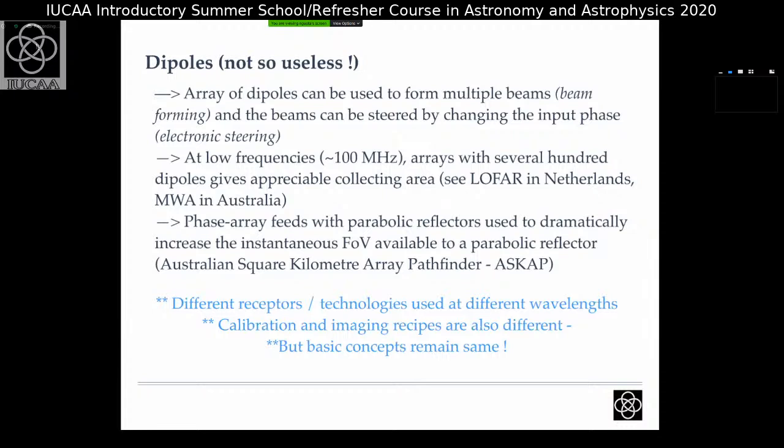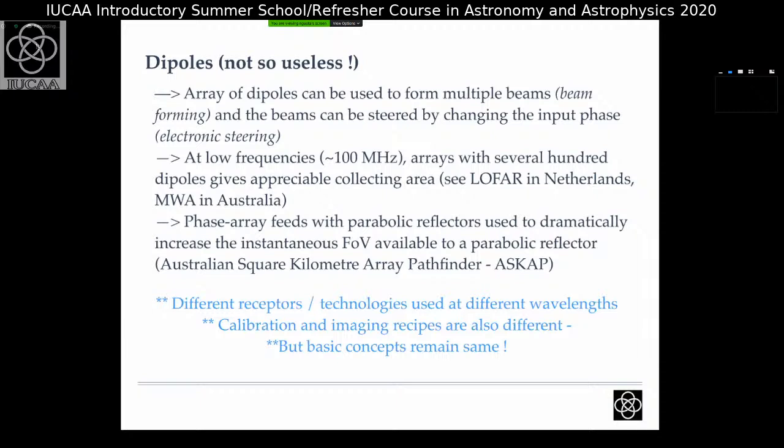So there's a concept of beamforming, which you would want to understand if you want to know how these are used. And then I can introduce a phase at each of these dipoles, which can alter the direction in which it is looking, right? And that is called electronic steering. So at low frequencies, for example 100 megahertz or 2 megahertz, the preferred technology to do interferometry is not to use dishes, but to use a set of dipoles, which are combined through beamforming, and we observe different parts of the sky using electronic steering.